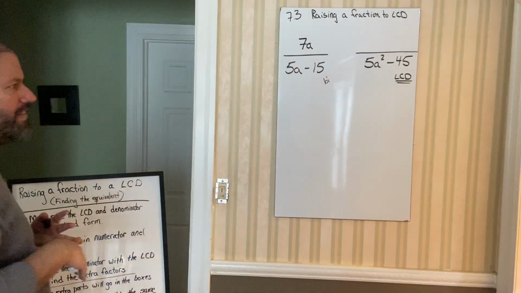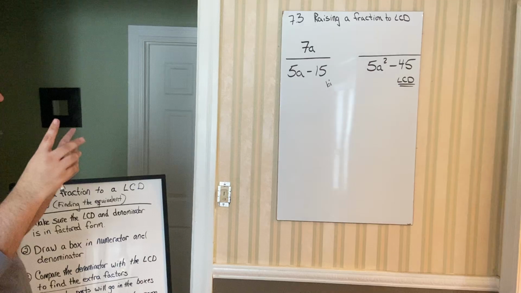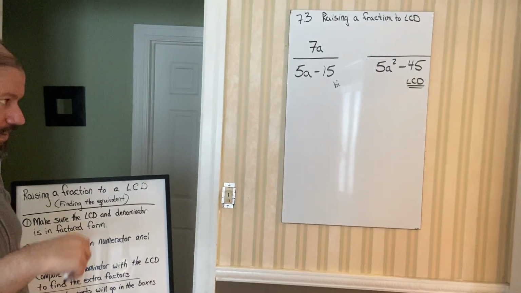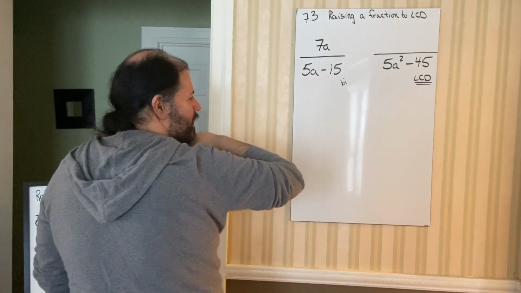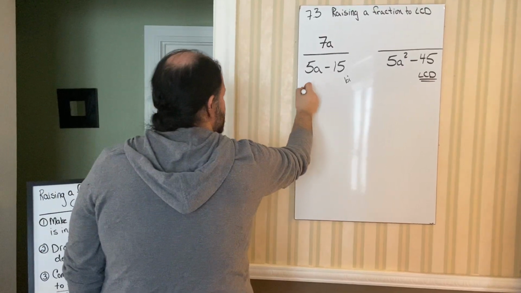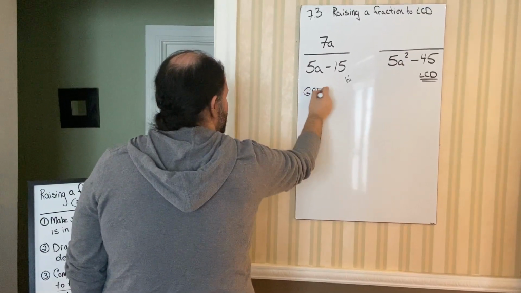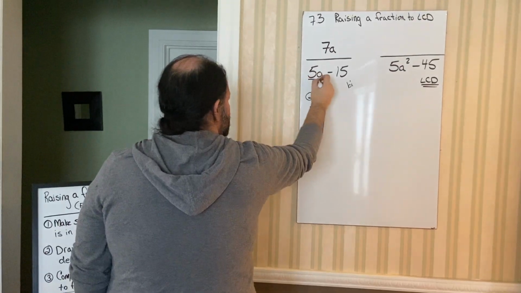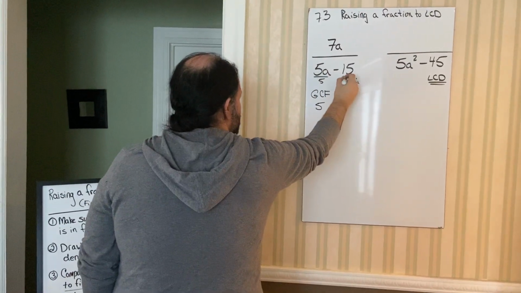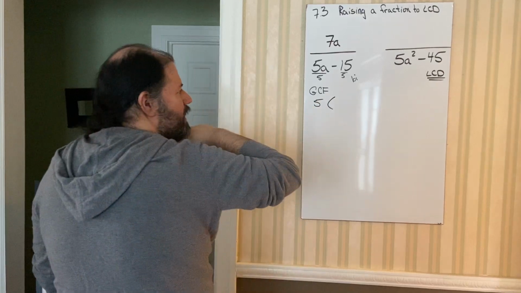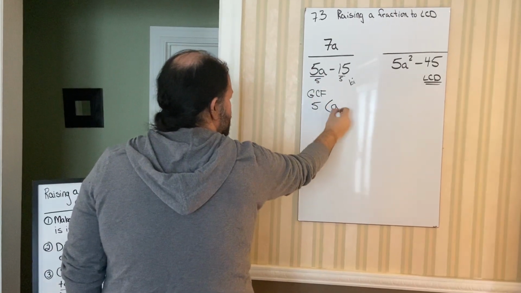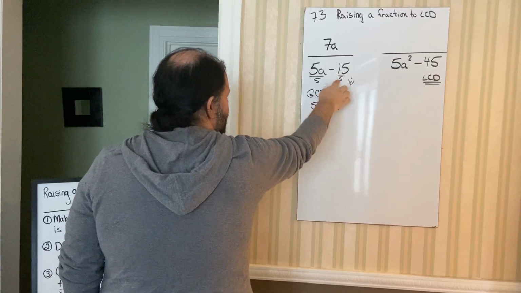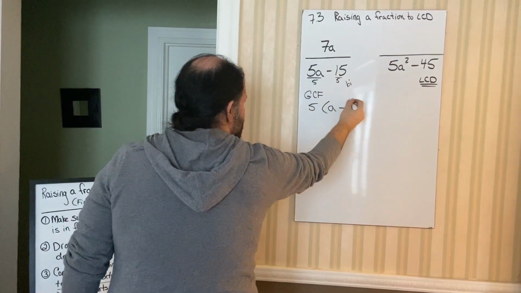We don't have a letter in common, but we do have a number in common. 15, you probably already know, is 3 times 5. So we can take out the GCF of the number 5. This has a 5 in it. This has a secret 5 in it. So when you get your leftovers, 5 divided by 5 is 1a, or just a, and negative 15 divided by positive 5 is negative 3.